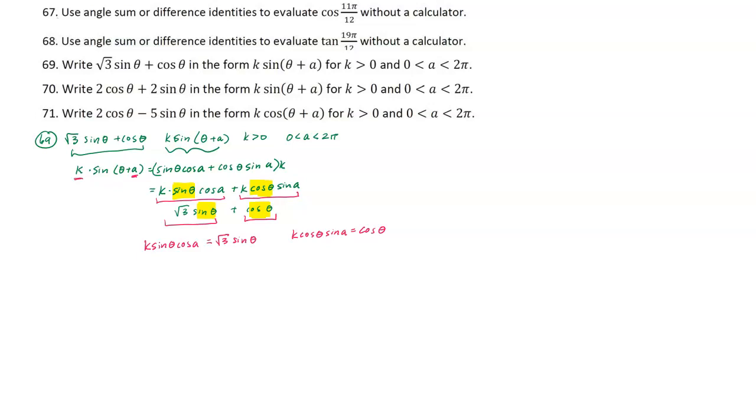Okay, and so what I notice is that I can divide both sides by sine of theta, and I get k times cosine of a equals square root of 3. If I divide both sides by k, I get cosine of a equals square root of 3 over k. So I'm trying to look for k. Over here, I can multiply theta, and k is cosine of theta. And so that's going to give me a sine of a equals 1 over k.